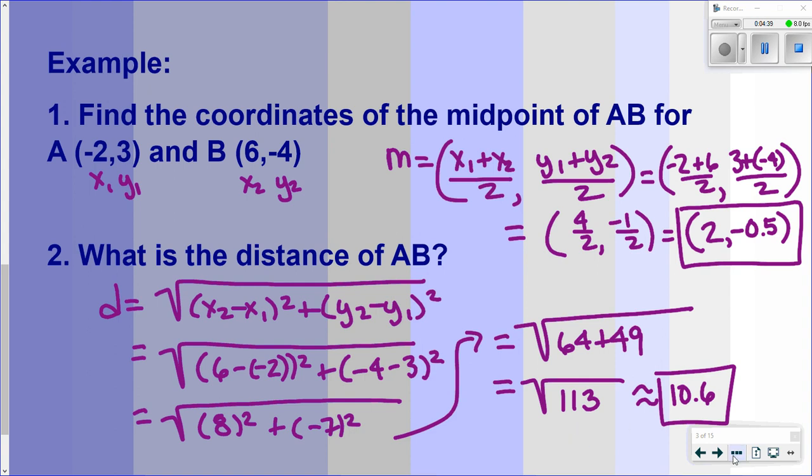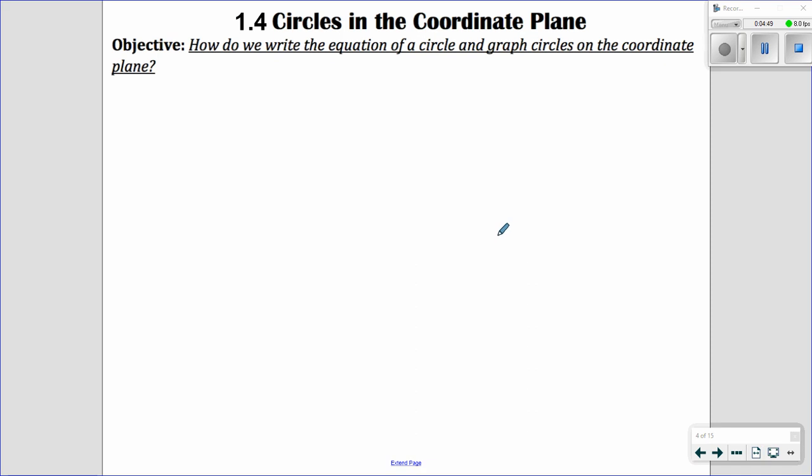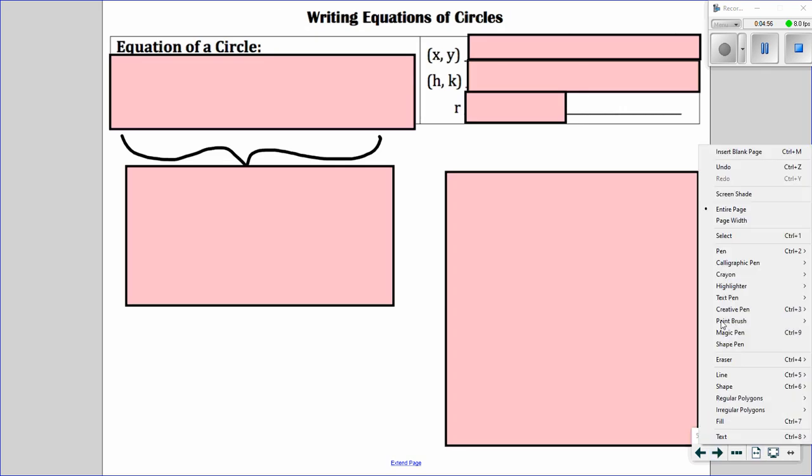Alright, so now let's move on. Our next lesson is circles in the coordinate plane. And the objective is, how do we write the equation of a circle and graph circles on the coordinate plane? So before we even get to that, we need to know certain terminologies and parts.